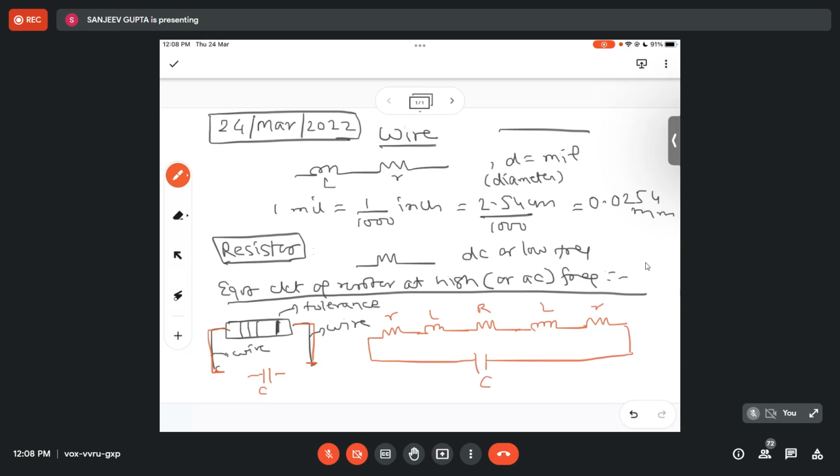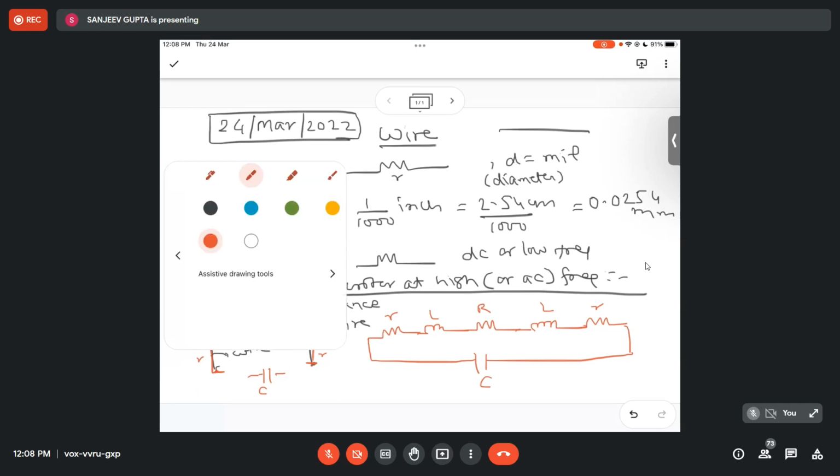This R is my nominal value of the resistor, and the L and R on either side represent my wire, and this becomes my capacitor, because when we solder it, it is not short circuiting. It is basically touching the two metals, and between them there is no metal.